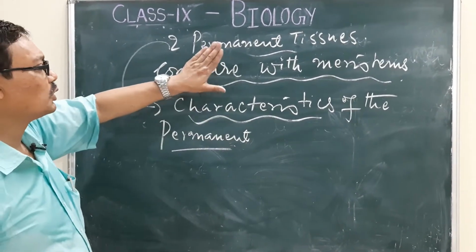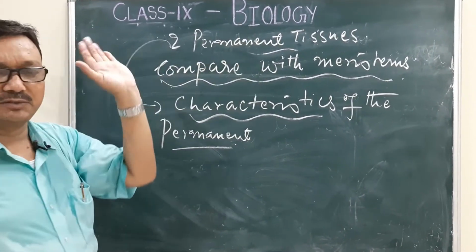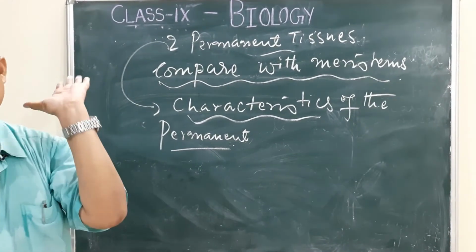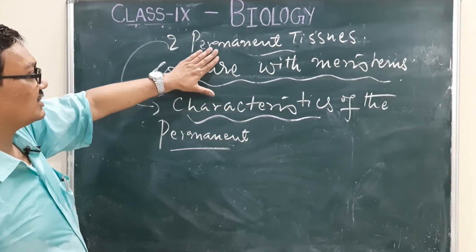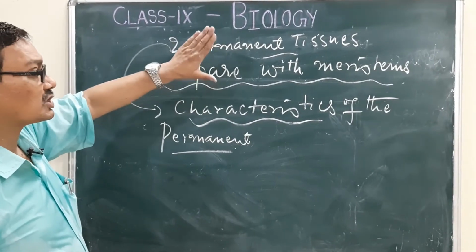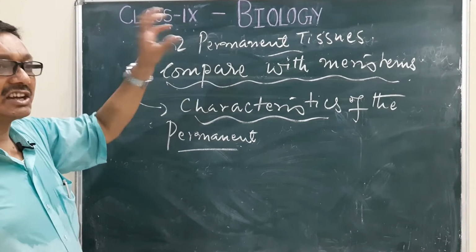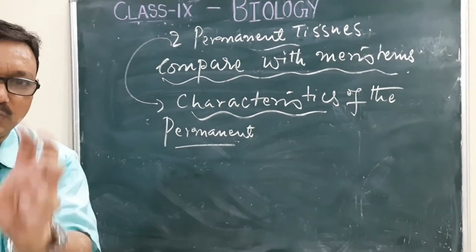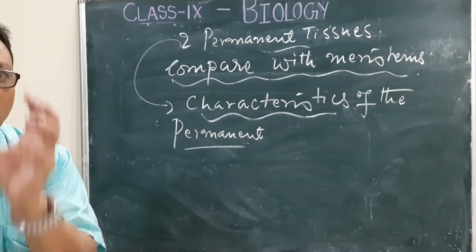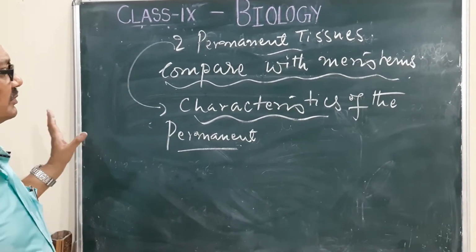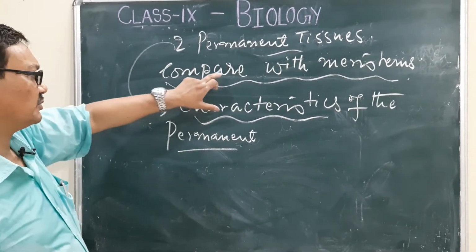There will be no cell division. And this tissue is composed of such type of cells, a cluster of cells that cannot divide. That is how you compare.